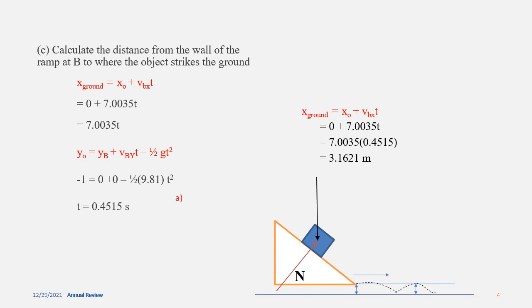Okay, for the next question, calculate the distance from the wall of the ramp at B to where the object strikes the ground. So the first formula we use here is x ground equals x naught plus VBx t to find the x here.